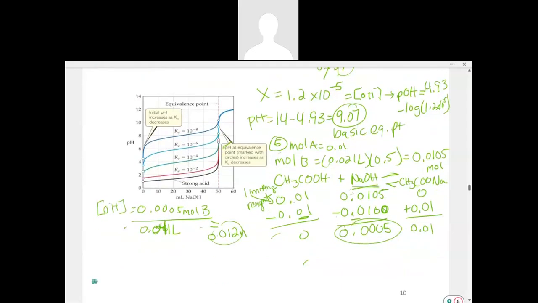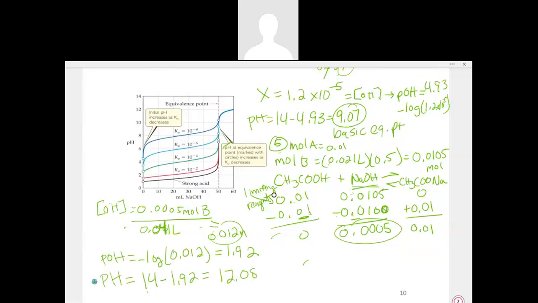There are 2 last steps for this problem. First, we solve for pOH, which is the negative log of our hydroxide ion concentration. For that we get 1.92. And then last, we solve for pH at this point, which is 14 minus 1.92.